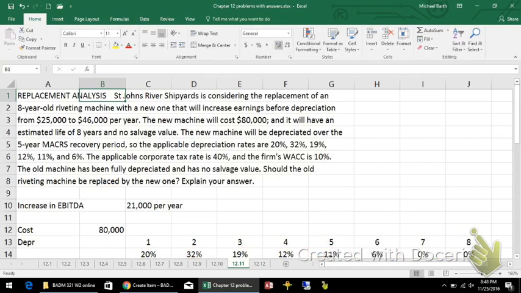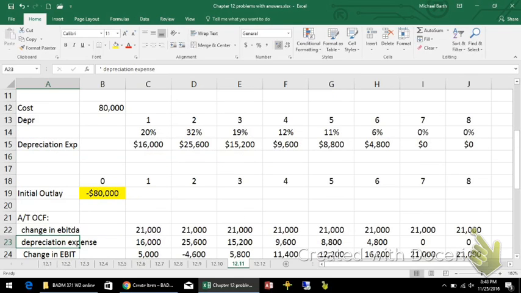Okay, so I've got a nice cushion in there. Just want to make sure of my weighted average cost of capital of 10%.